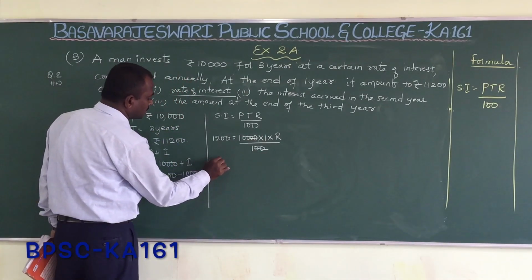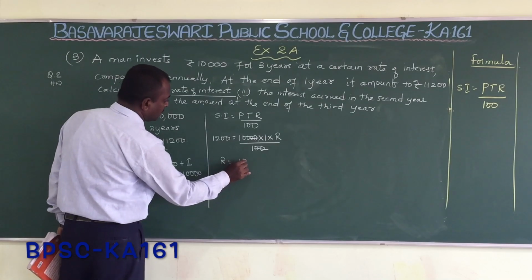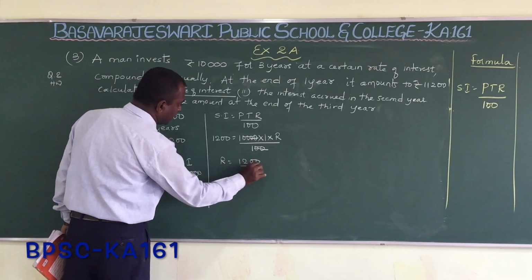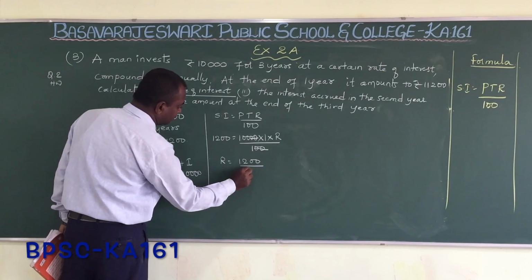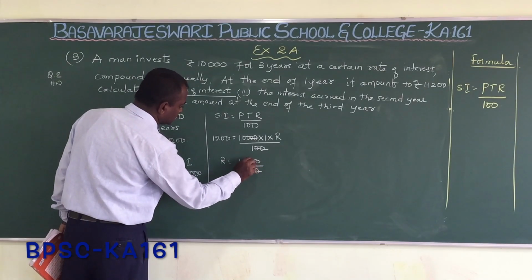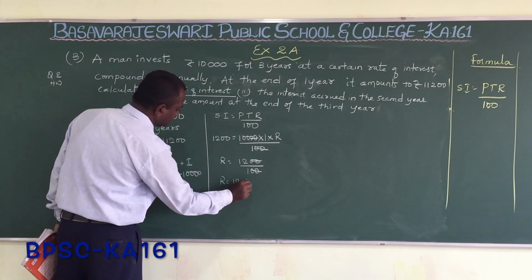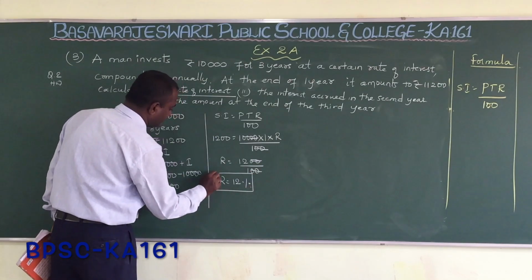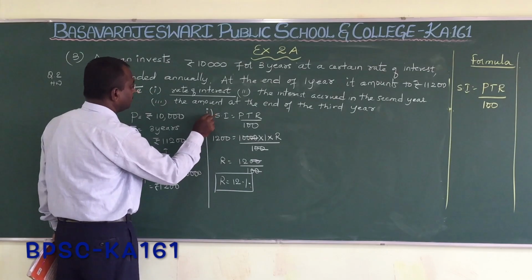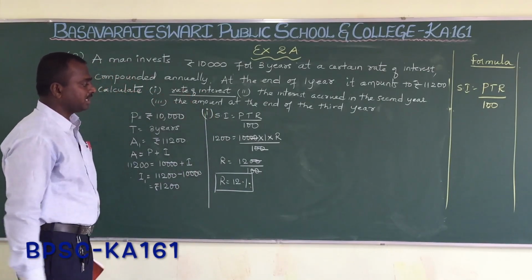So therefore R is equal to 1,200 divided by 100. 2 zeros cancel. R is equal to 12%. So this is the first answer. Rate of interest we got.